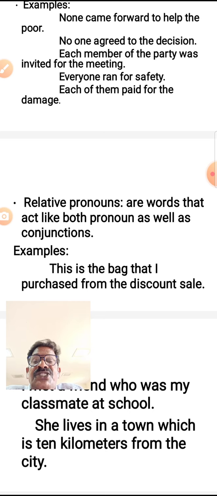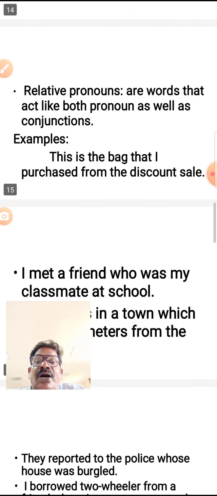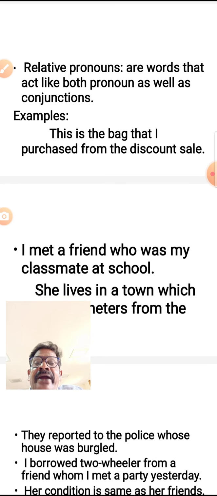So relative pronouns act as both pronoun as well as conjunction. Now let us go for examples. This is the bag that I purchased from the discount sale.